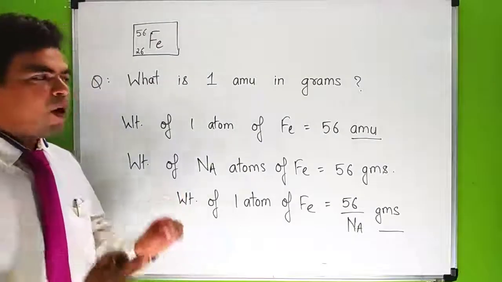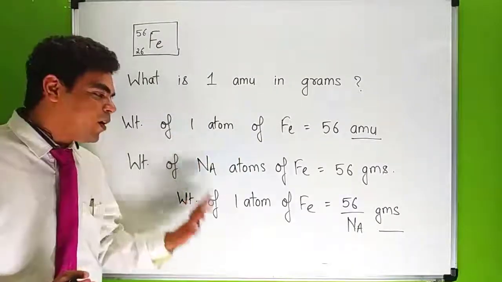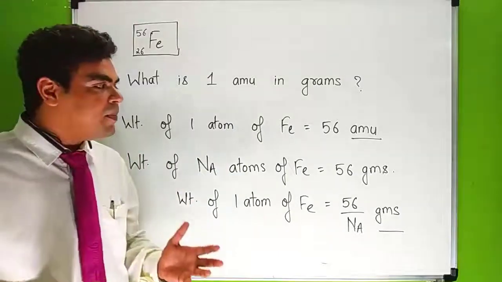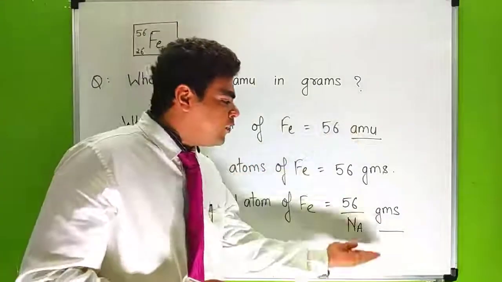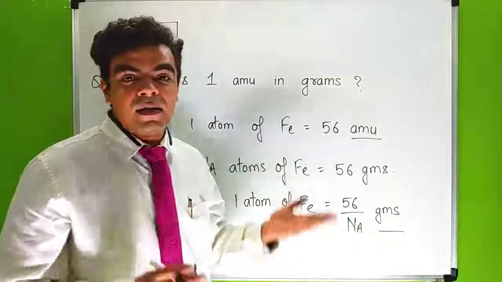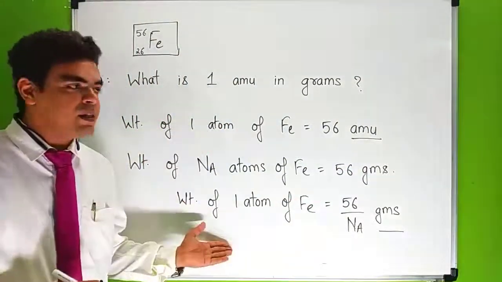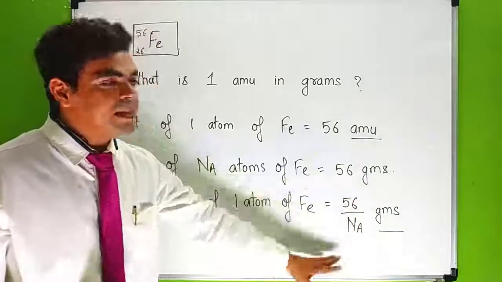But both of them are giving you the weight of one atom of iron. So basically it means that both of these quantities are the same. Both of them are giving you the same information. So both of them must be same.